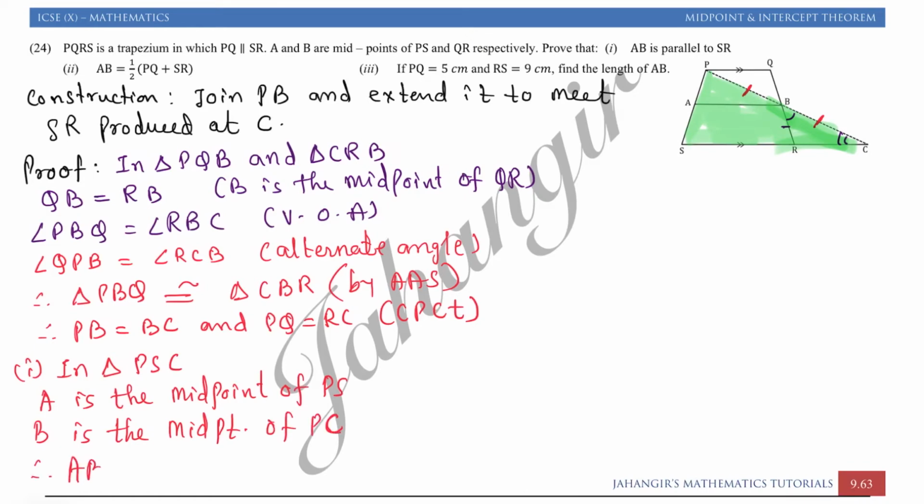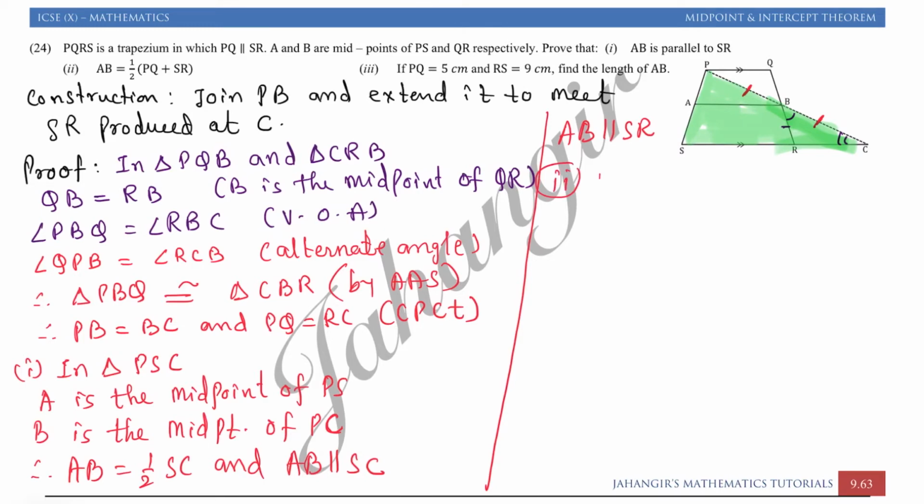Therefore AB is equal to half SC and AB is parallel to SC. So we can say, if AB is parallel to SC, so we can say AB is parallel to SR because they lie on the same line SRC. First part is done.